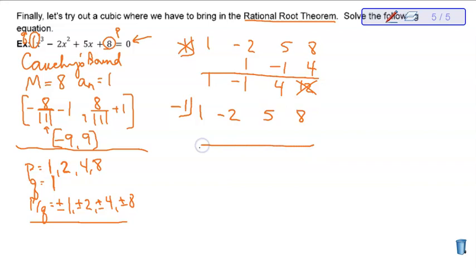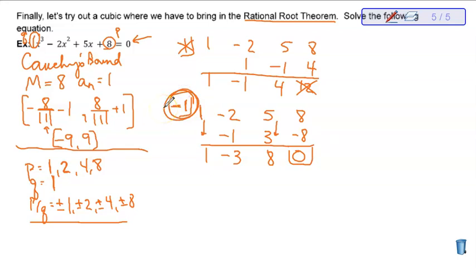Again, rewrite the coefficients of your polynomial. Bring the 1 straight down and multiply by negative 1 to give me negative 1. Add gives me negative 3. Multiply is a positive 3. Add vertically gives me an 8. Multiply by negative 1 is a negative 8. And oh, that looks good. There's my 0. So therefore, negative 1 is a root or a 0.